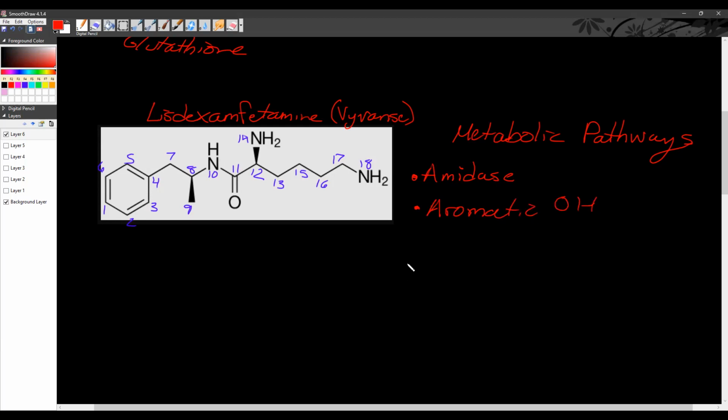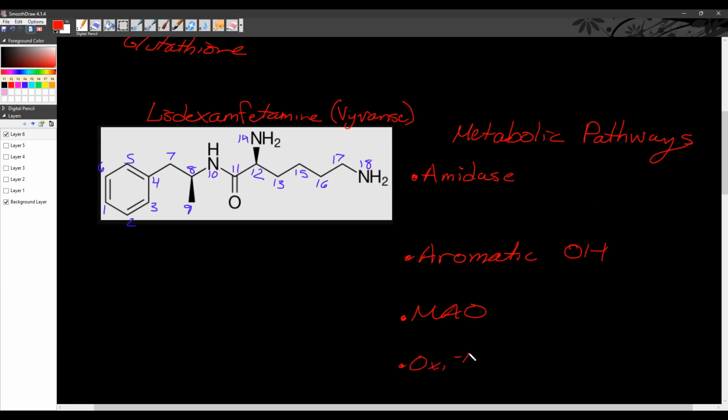Let me give myself some room. I saw an MAO. Oxidative deamination.